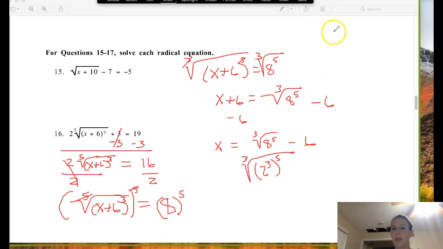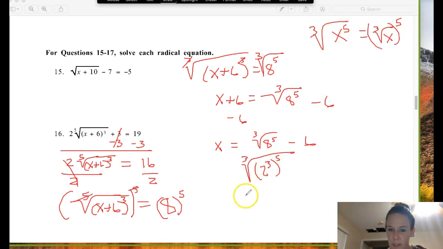Now remember, the cube root of x to the 5th is the same thing as the cube root of x, then to the 5th. I can take it to the 5th power and then root it with the cube root, or I can cube root it and then take it to the 5th power afterwards. It doesn't matter what order I do it in.